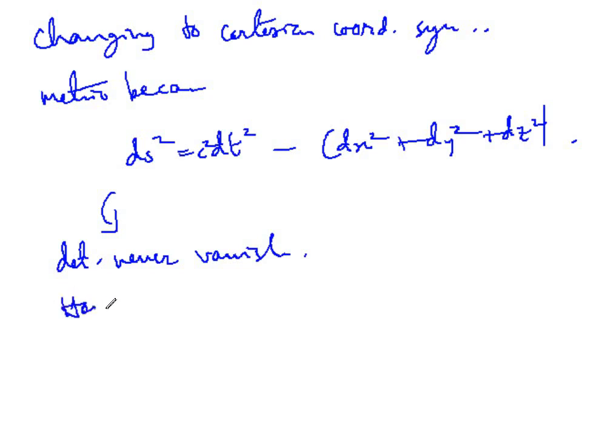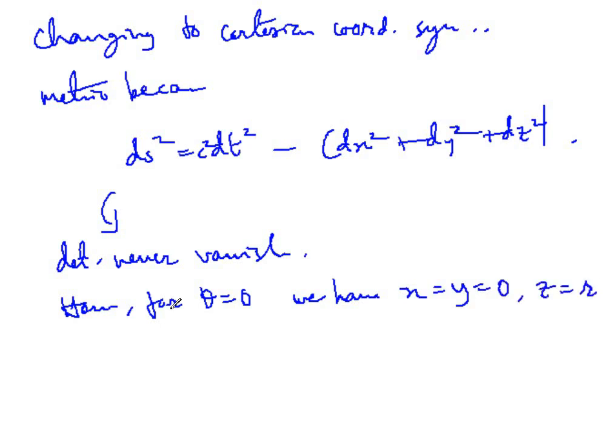However, for theta is equal to 0, we have x is equal to y is equal to 0 and z is equal to r. And if r is equal to 0, theta is equal to 0, then x is equal to y is equal to z is equal to 0.